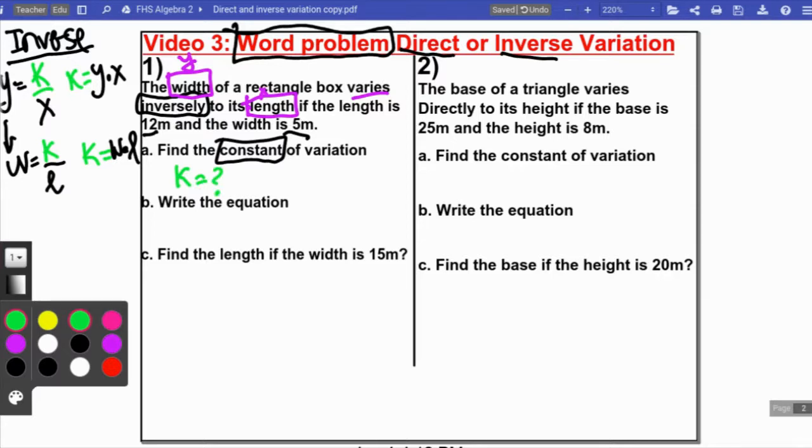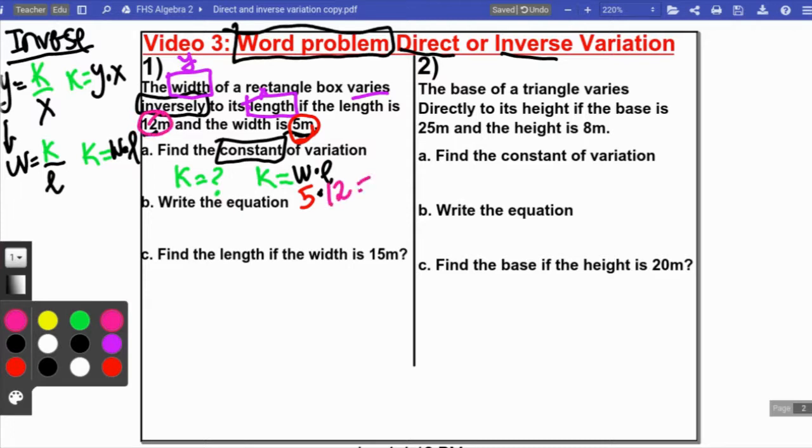Well, let's do this. How do we find k again? K is w times the length. The width is given as 5, and we multiply that by the length, which is given as 12.